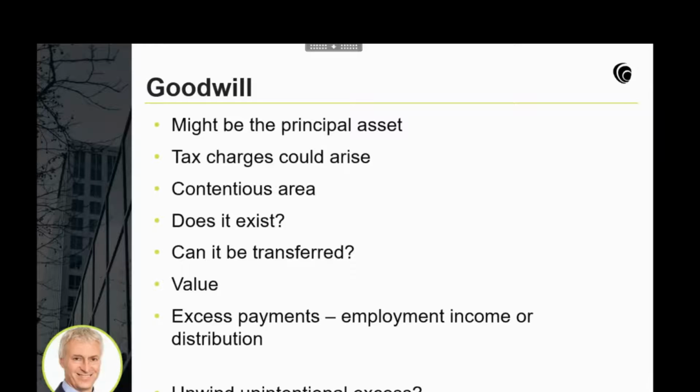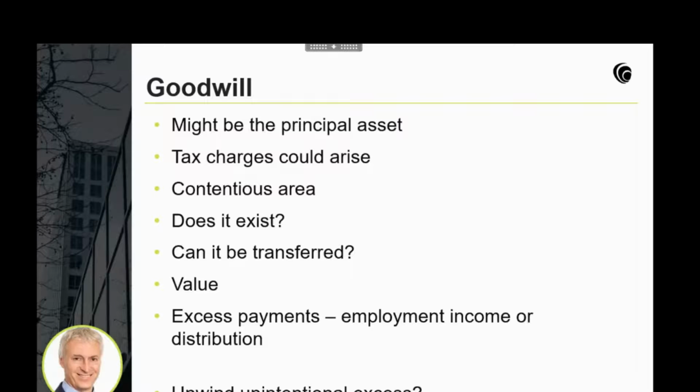We used to quite commonly put a large value on goodwill, transfer it across, possibly as a sale, either at undervalue or full value, pay some capital gains tax on it, possibly claiming a low tax rate because it's a business asset, and therefore we can claim what's now called business assets disposal relief, which we've talked about before, and get a 10% tax rate, and then take the money out from the loan in the future tax-free.